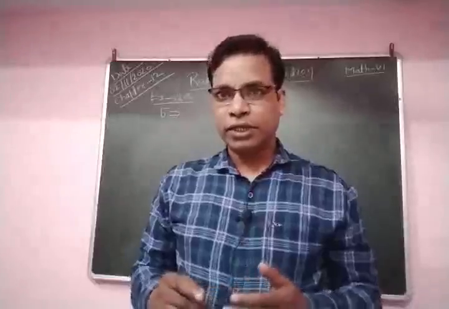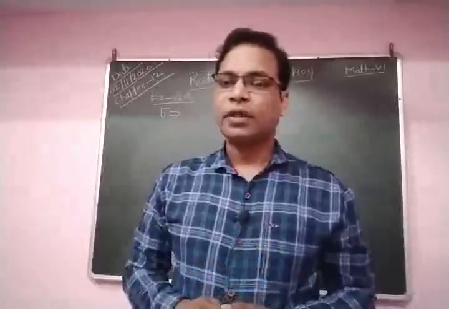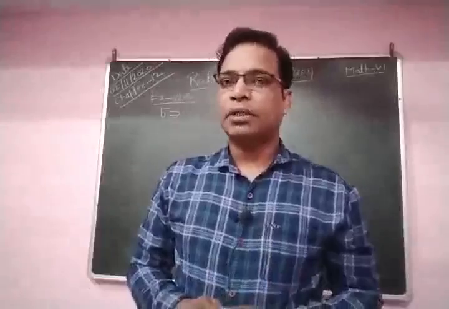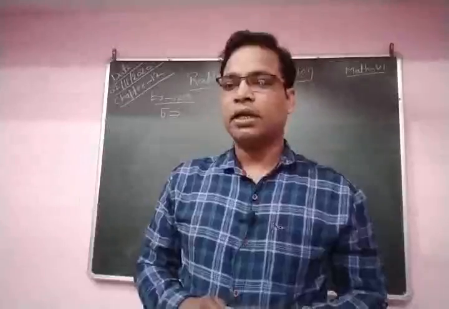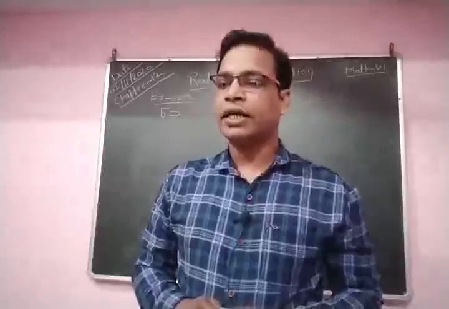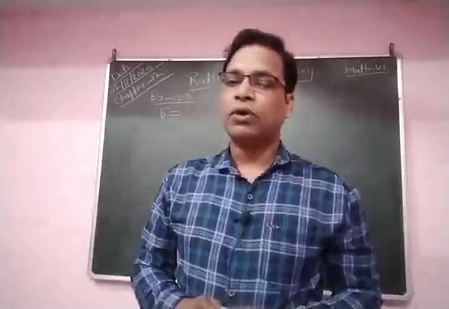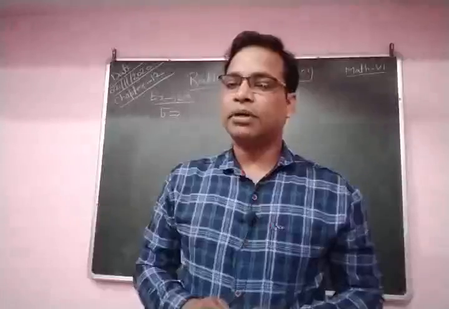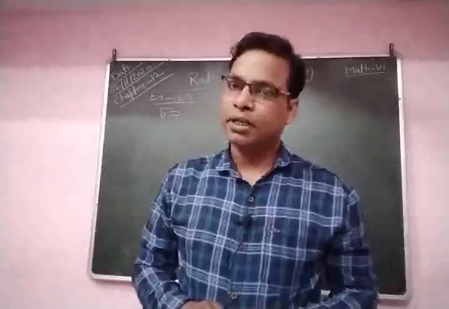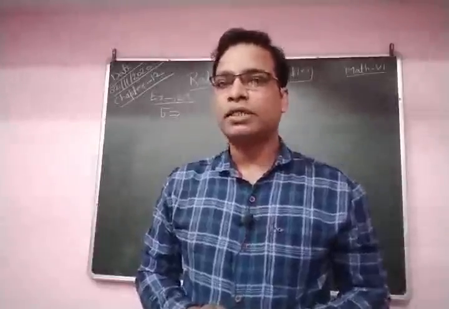So I repeat the question. Sanya paid 15,000 as rent for 3 months. How much does she have to pay for the whole year if the rent per month remains the same? So let's see how to solve this question.